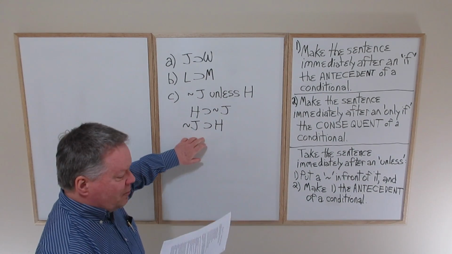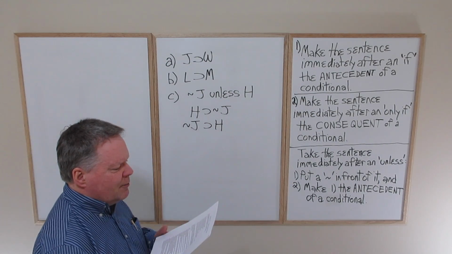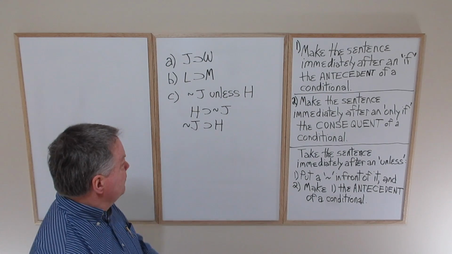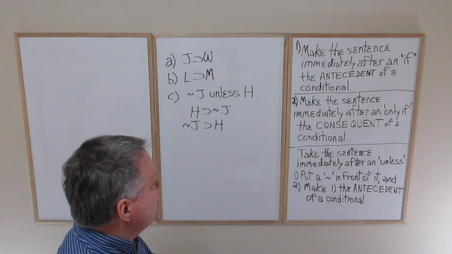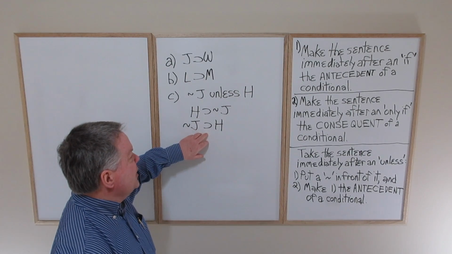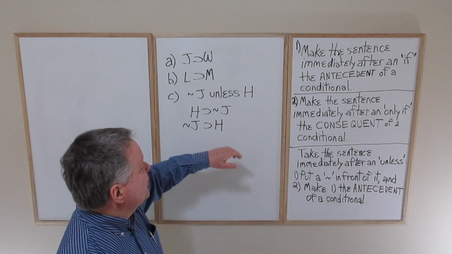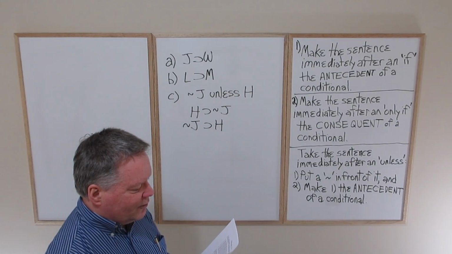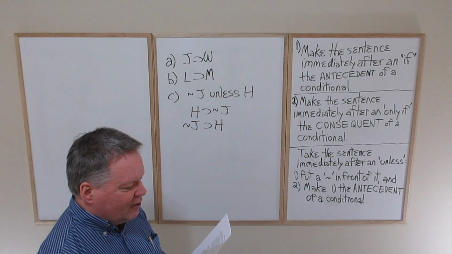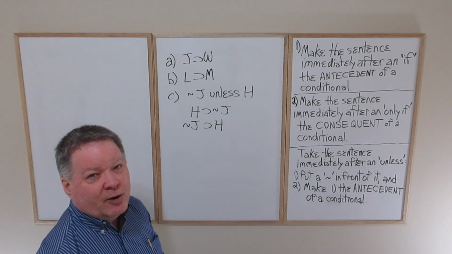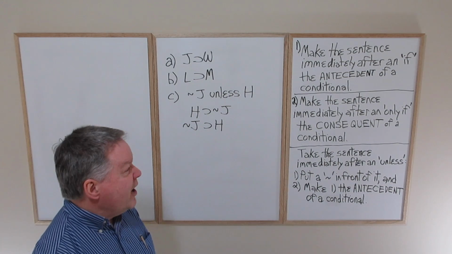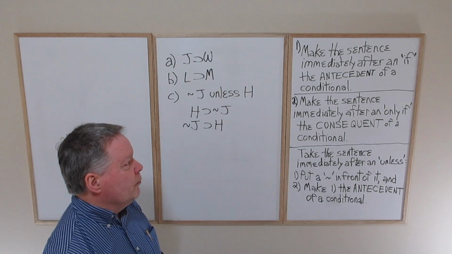If John doesn't make supper, then he must be very hungry. That may be true again, but the question is, does that conditional specify the same commitment about the world as the English sentence, John will not make supper unless he is very hungry? Again, the answer is no.